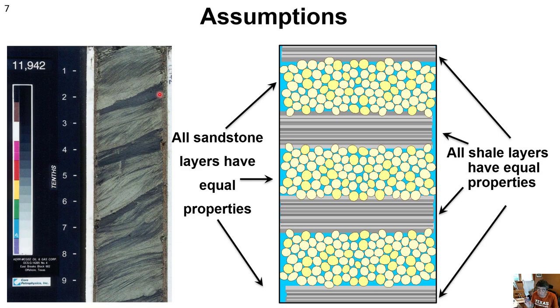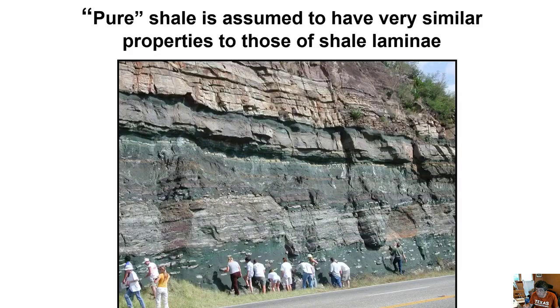Of course, this doesn't mean that all of these layers are going to be the same everywhere in depth, because as you go to different depths you will have different shales, and also different properties of sandstone and also different saturating fluids.